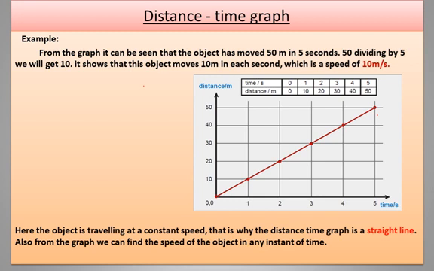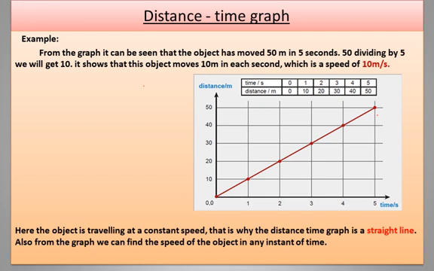Now, it is a straight line, so the motion of the object is also uniform. Uniform means constant speed. If an object is not moving, the distance time graph results in a horizontal line. That shows that the object is at rest. Means in between the motion, if the object is standing or there is no movement, then the graph will be a horizontal line, horizontal to the x-axis.